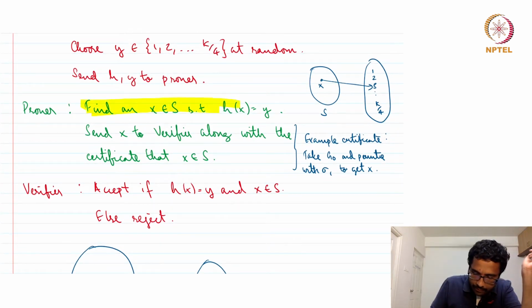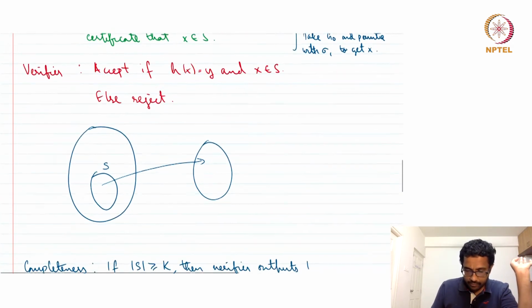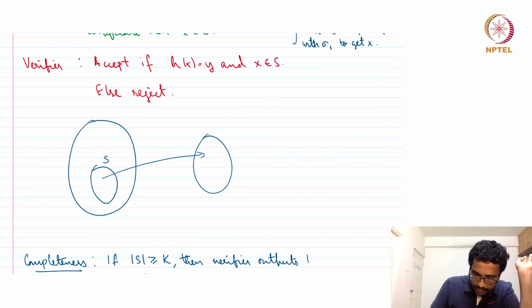And when will the prover be able to do that? All the probability, completeness and soundness boils down to this: how likely is the prover able to find a pre-image of y in S? That's it. So this is S, this is the set 1, 2, 3 up to k by 4.